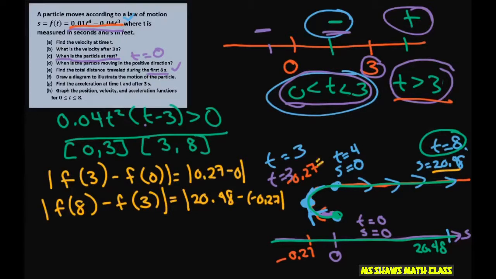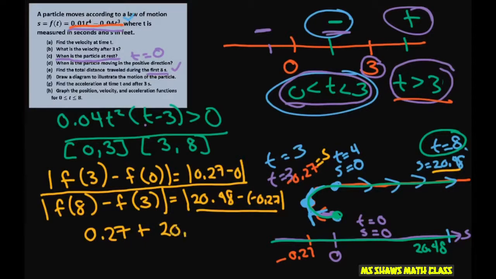So when you plug all this in, you're going to get this piece equals 0.27, and you're going to add this piece, which equals 20.75. So your total distance is 21.02 feet.